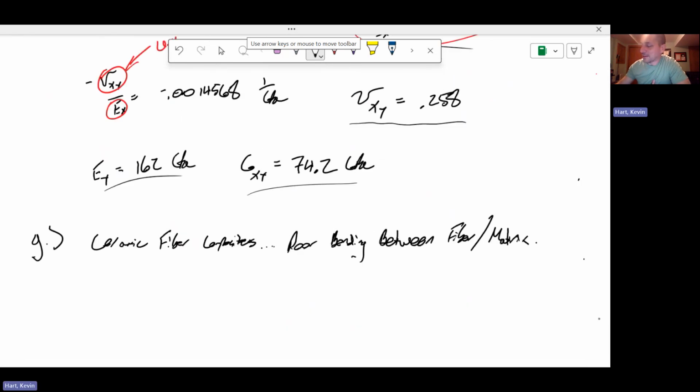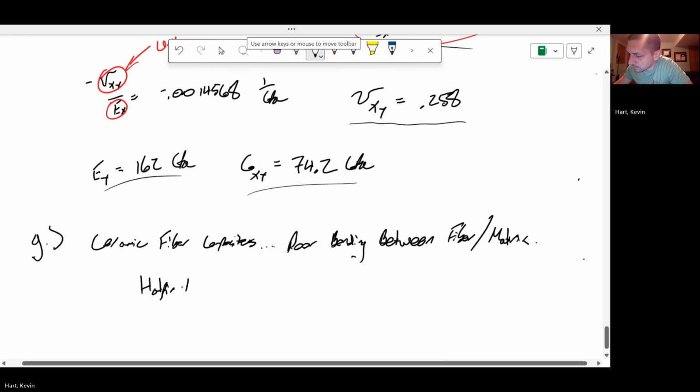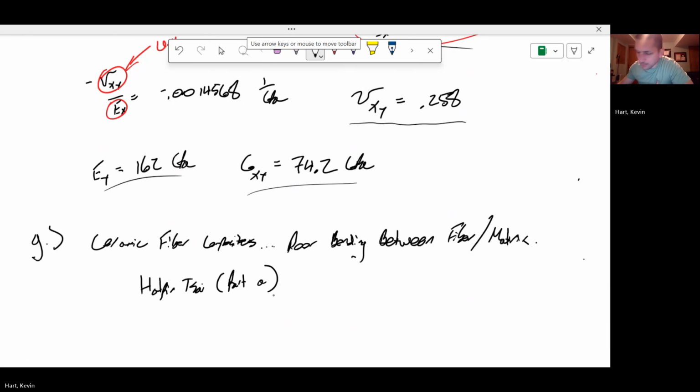So because of that, Halpin-Tsai, which we use for part A, it's the basis for all of this, right? So in part A, we calculated E1, E2, G12, nu12, and so on, using Halpin-Tsai equations. One of the underlying assumptions of Halpin-Tsai is that there's a perfect bond between the fiber and matrix.